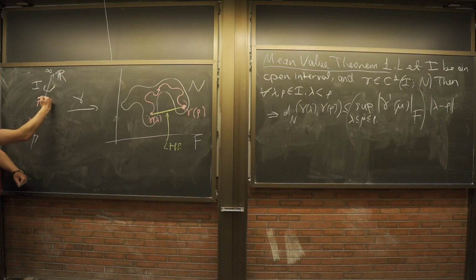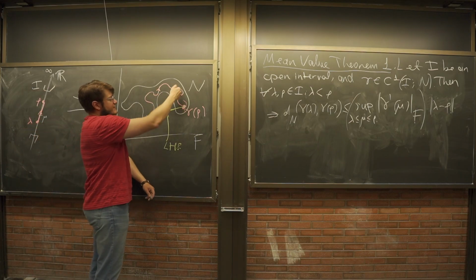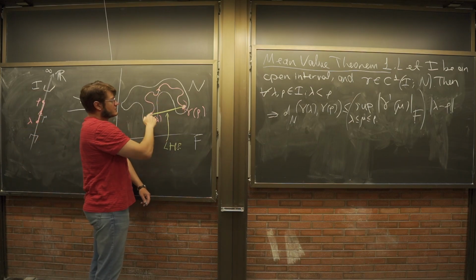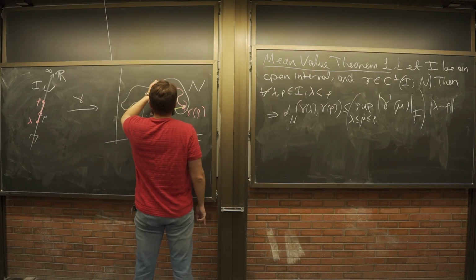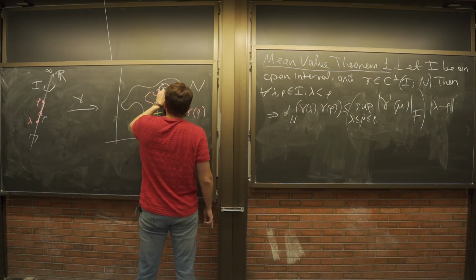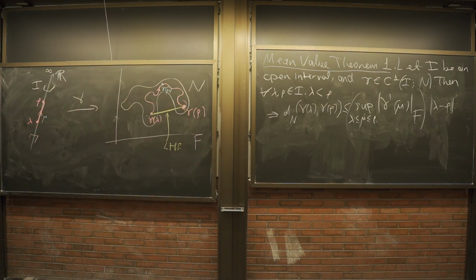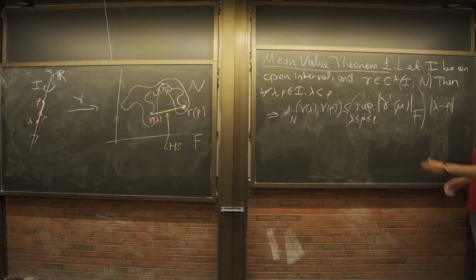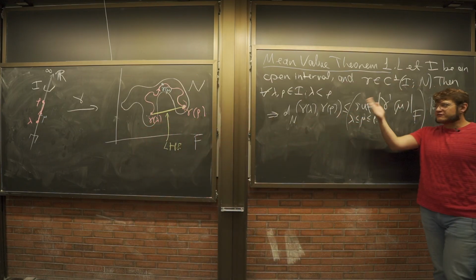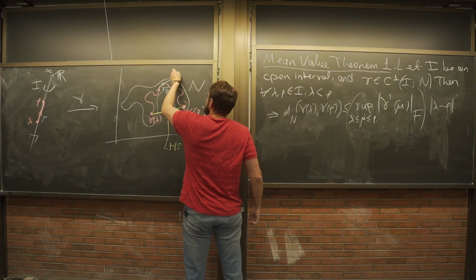It's going to vary from here to there. And as mu varies from here to there, gamma of mu is going to vary from here to there, following this path. Maybe let's say at mu, this is where my path is. And of course, I hope it makes sense to you to think of gamma prime of mu as the velocity vector of this path at this particular point. Let's say it's like this.